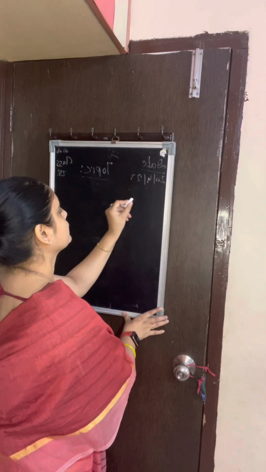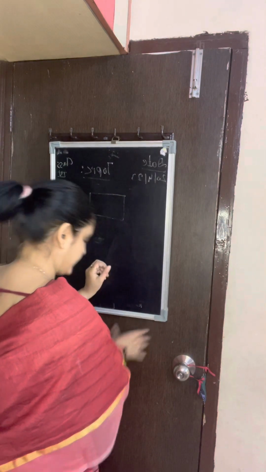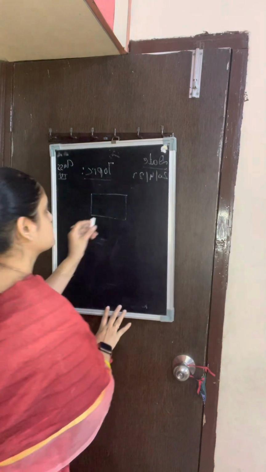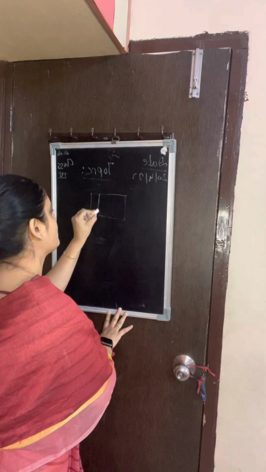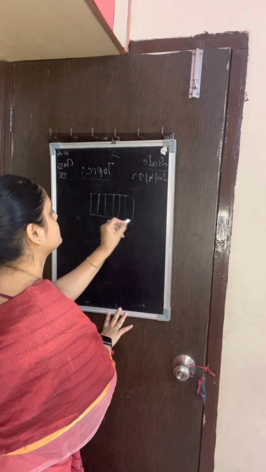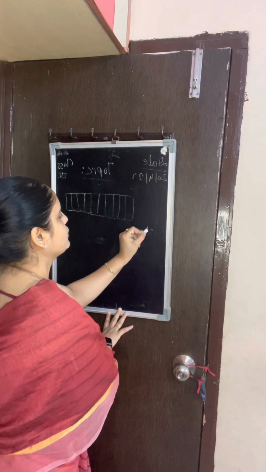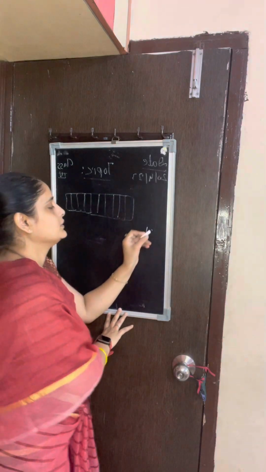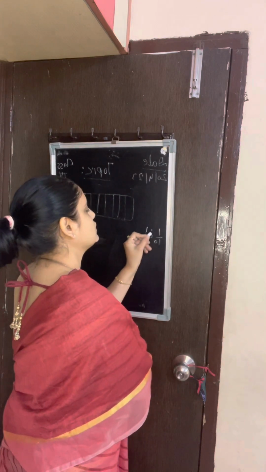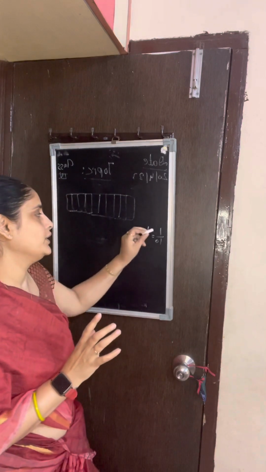So this is the box, and we will divide this box into 10 equal parts. 1, 2, 3, 4, 5, 6, 7, 8, 9 and 10. And this 0.1 means point 1, we want to represent 0.1, that is also 1 upon 10, which is equal to 0.1, right?